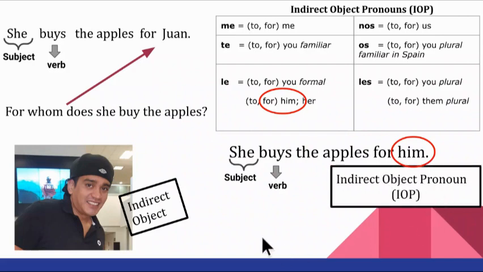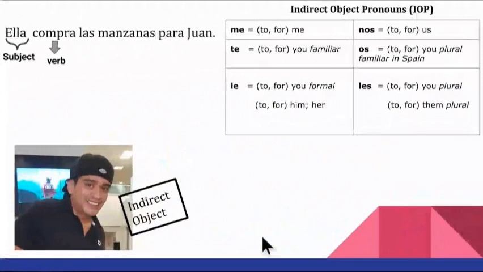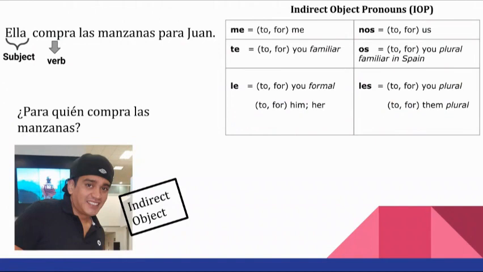This is my indirect object pronoun y en español I will say, ella compra las manzanas para Juan. Pregunta, ¿para quién compra las manzanas? Para Juan. So Juan is my indirect object. Again, I'm going to replace Juan with a pronoun.